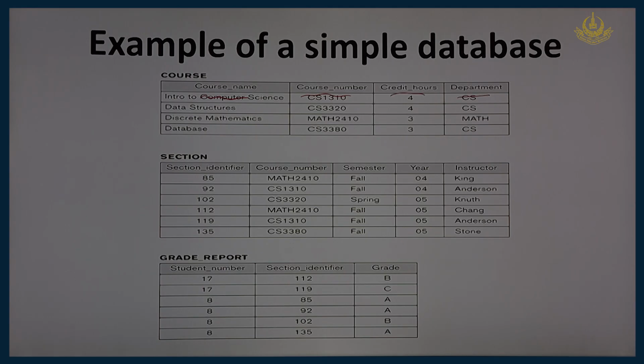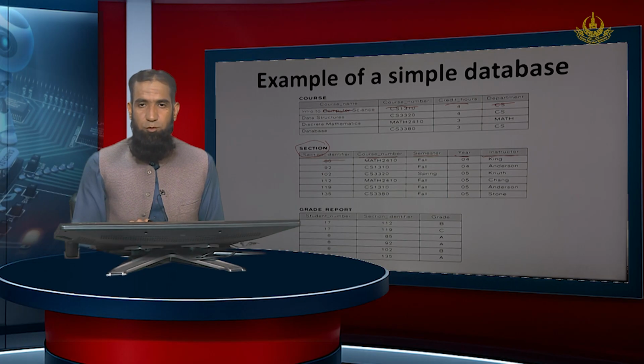When we are talking about a section, there should be a section identifier, for example section A, section B, section N. There is a course code, a specific semester, a year, the name of the instructor. These all are called attributes. So that's a simple view of a database.